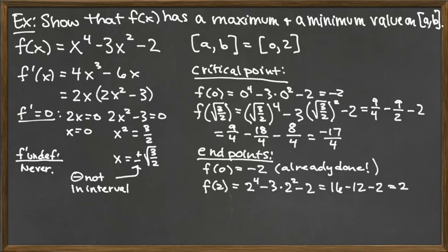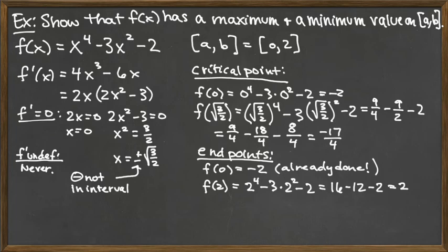Okay, now that we have all of our plug-in values, we have to find the biggest and we have to find the smallest. We've got 2, we've got negative 2, and we have negative 17 over 4. So we need to figure out what negative 17 over 4 is in comparison to negative 2.